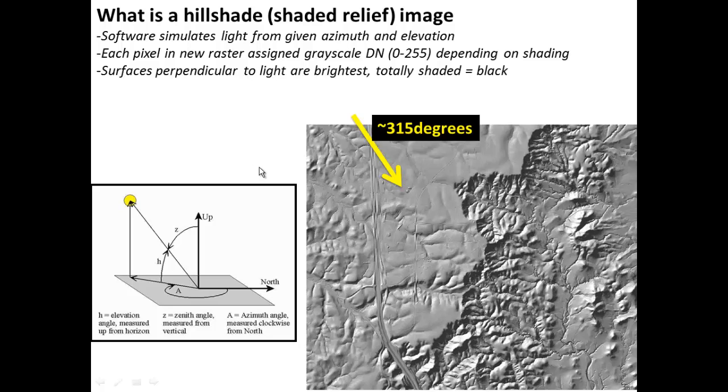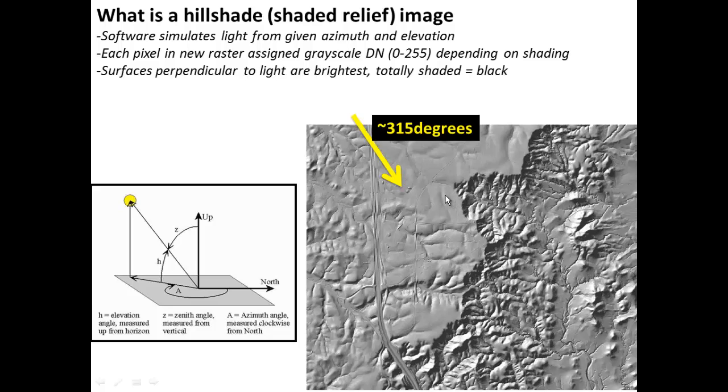So digitally, what's going on is that the computer's simulating the light, and it's estimating the brightness with which that surface would be illuminated. And it's assigning a value, or a digital number, from 0 to 255. If that pixel is completely in the shadow, it will get a value of 0.